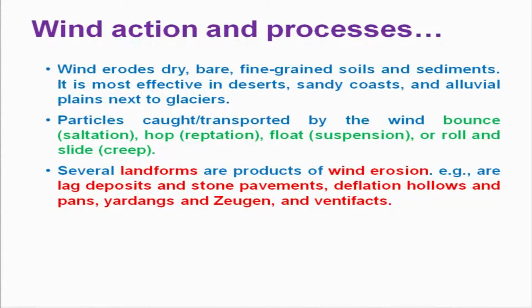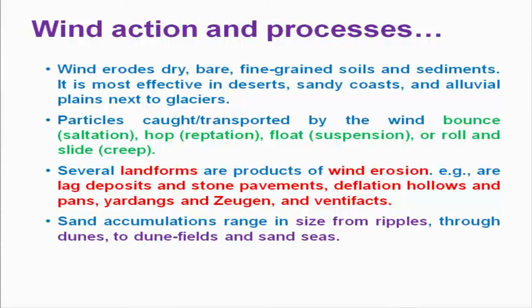But there are many landforms seen in areas where different material is transported by the wind. Several landforms are products of wind erosion. Examples are lag deposits and stone pavements, deflation hollows and pans, yardangs, zeugen and ventifacts. And we'll see a few of them.